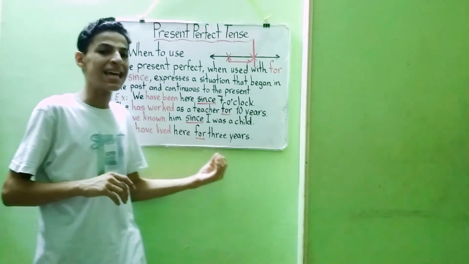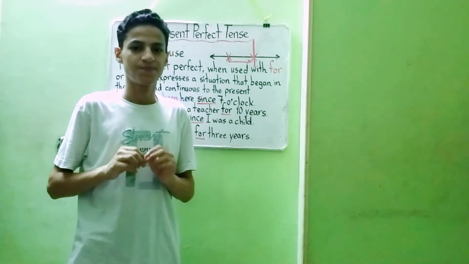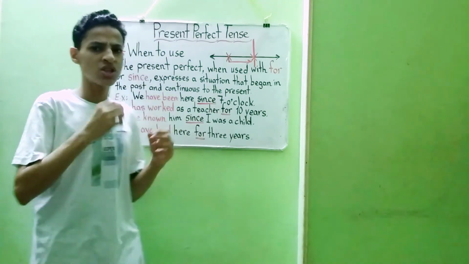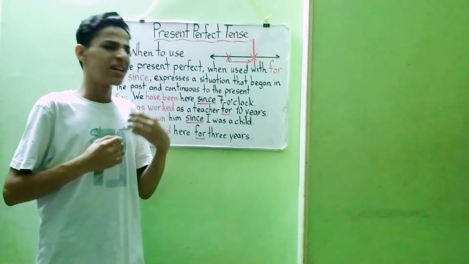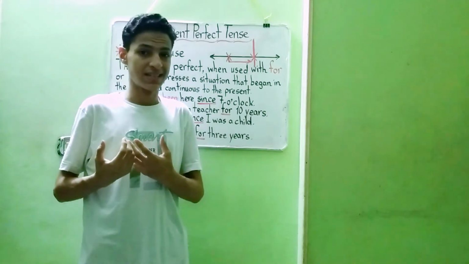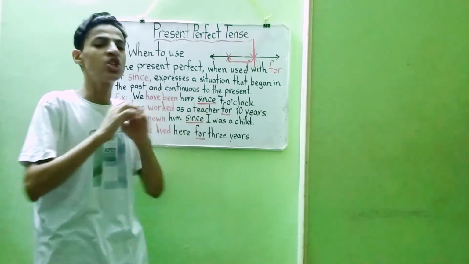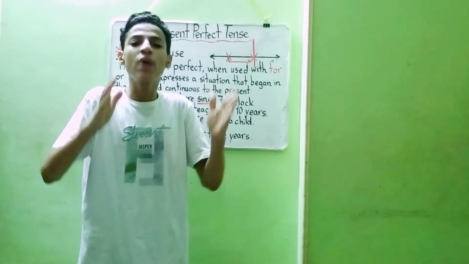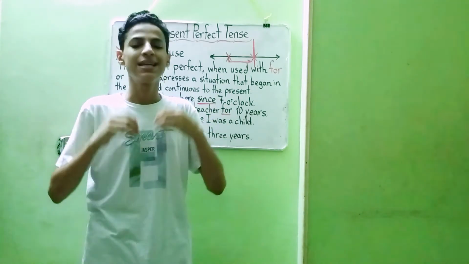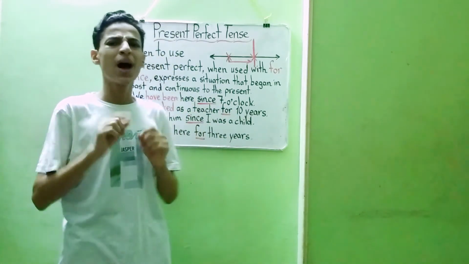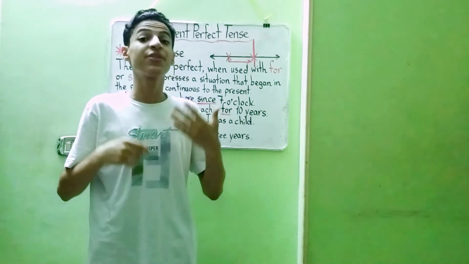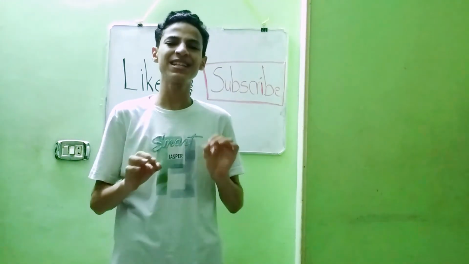We have lived here for 3 years. So, in the examples, notice the difference between for and since. For should always be used with a duration of time, but since is used with a particular time when something began, okay? So now this is the end of the lesson.